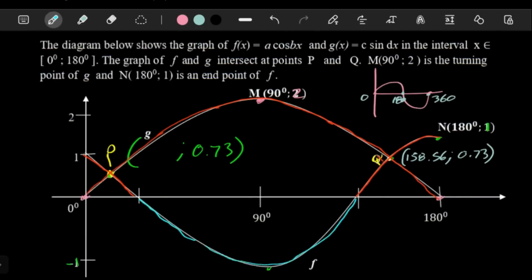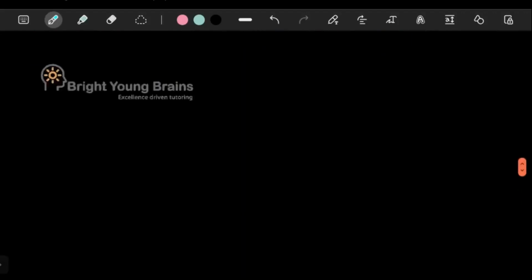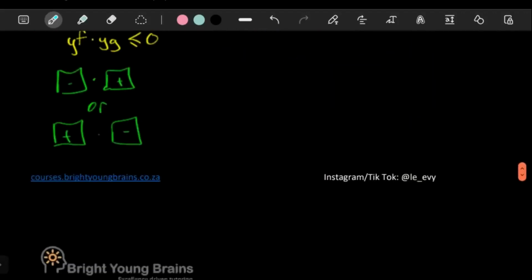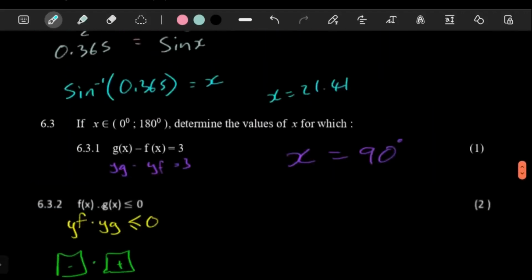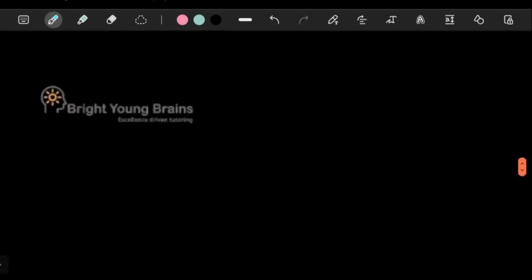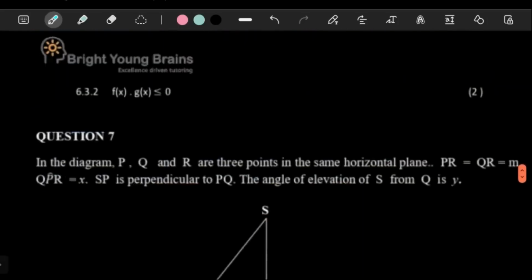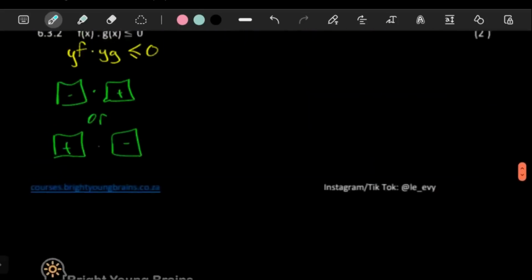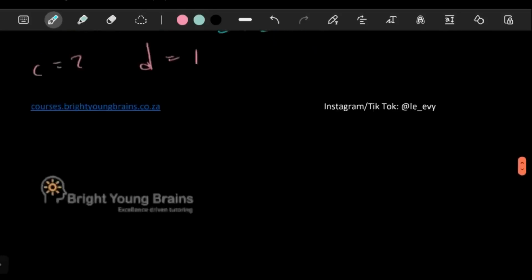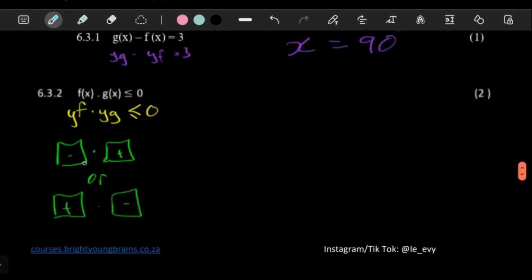So our task is to look for the x values, because here we're solving for x. We want x values where one graph has positive y values while the other has negative, and then one graph has negative y values while the other has positive. That's what we're looking out for.